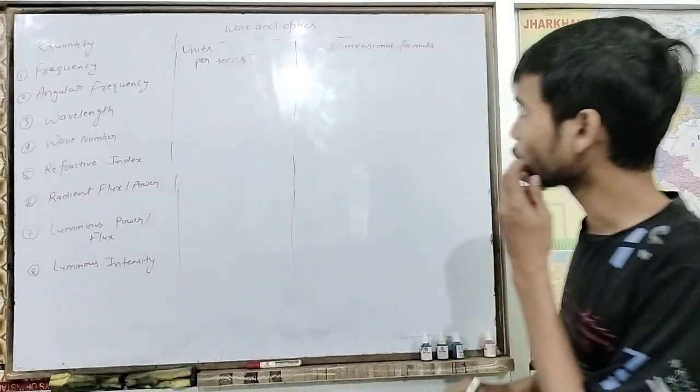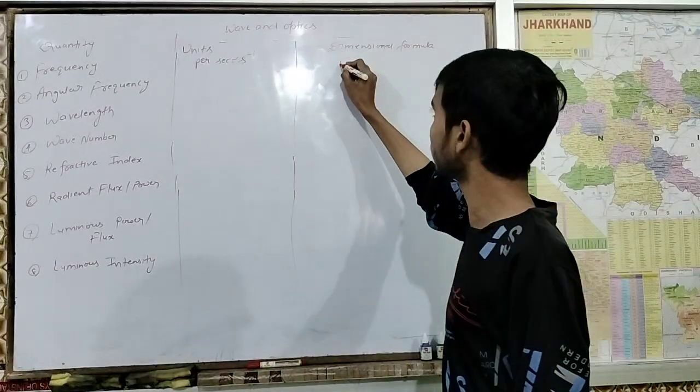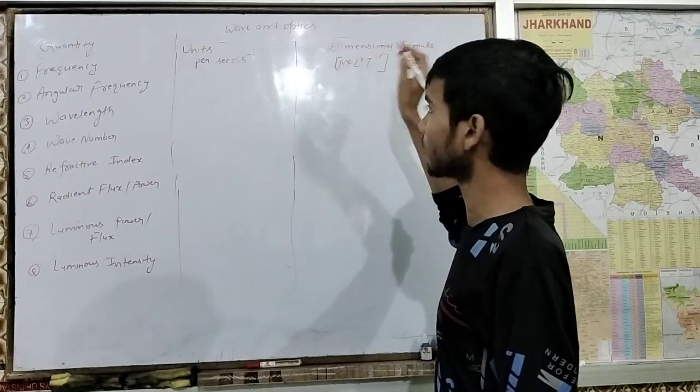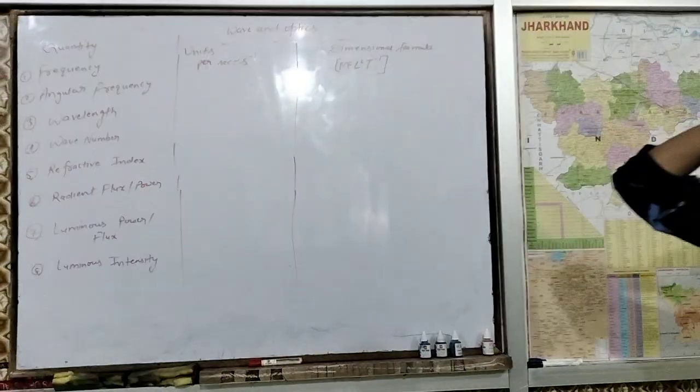Clear? So what would be the dimension formula for this? M0, L0 but T minus 1. Clear? M0, L0, T minus 1.